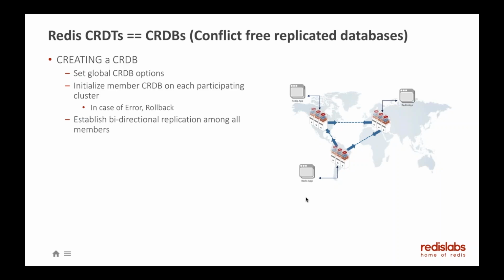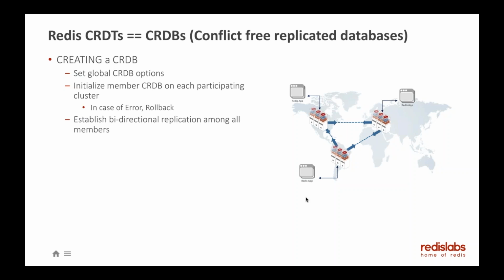quickly. So as I described, the Redis Enterprise cluster is formed of nodes and is deployed in a single geography, in a single data center. When you have CRDTs, we actually create a globally distributed database in Redis with participating clusters. We call these CRDBs. Technically, in our documentation, they're called conflict-free replicated databases.